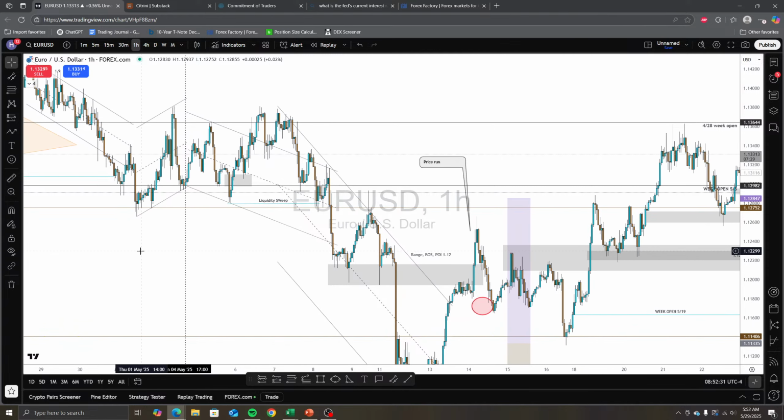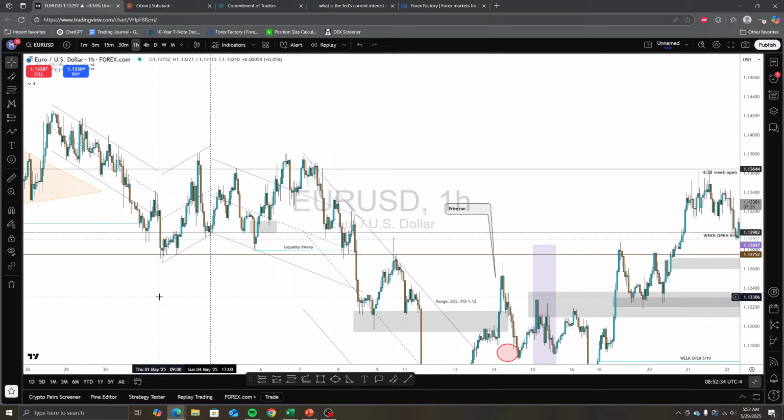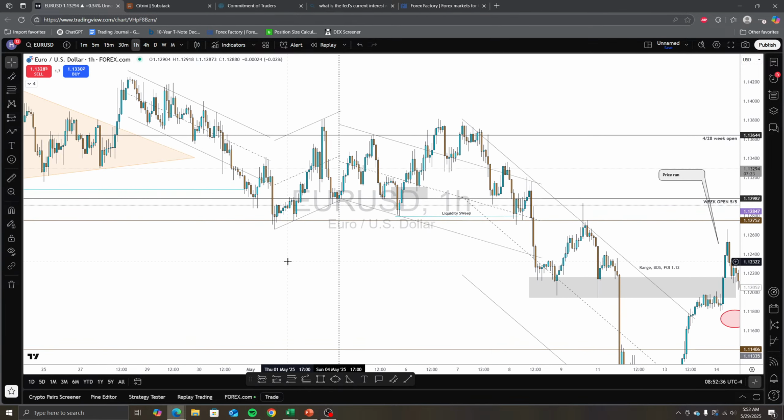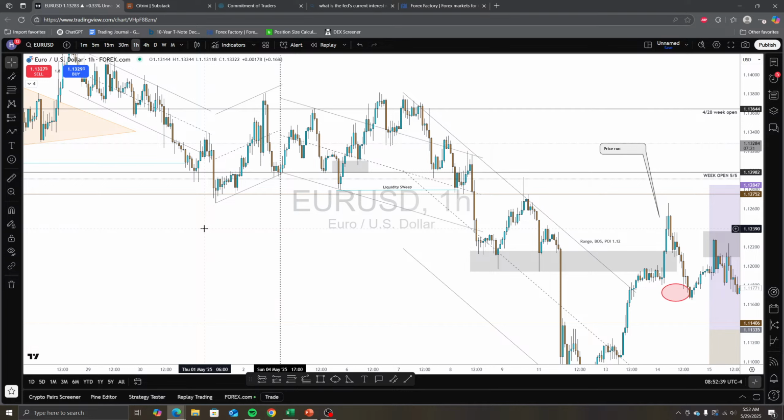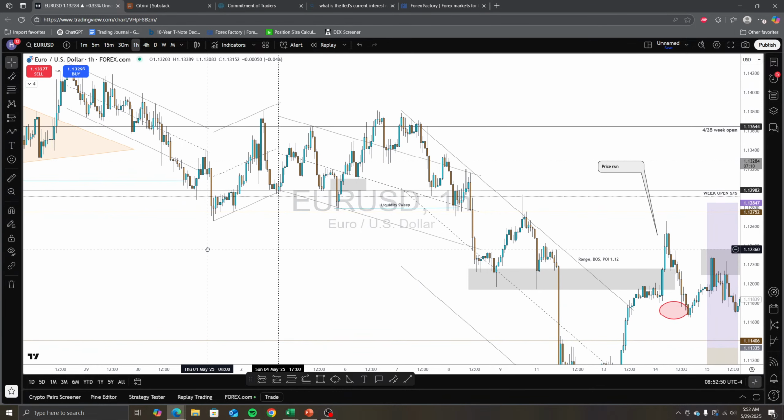May 1st. Alright, so here we are, May 1st. And this news came out at 8:30. Like for example, last time we saw the same thing where actual came out a lot lower than expectations, and we saw a price drop, but this was just a liquidity sweep for it to continue higher.